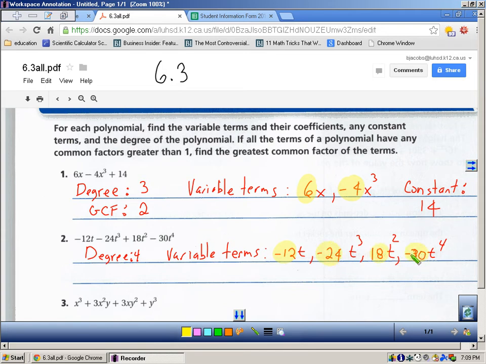Keep track of those signs too, by the way. Your subtraction symbols represent negative numbers. Okay. And finally, the constant here, there is no constant. So what is the GCF?